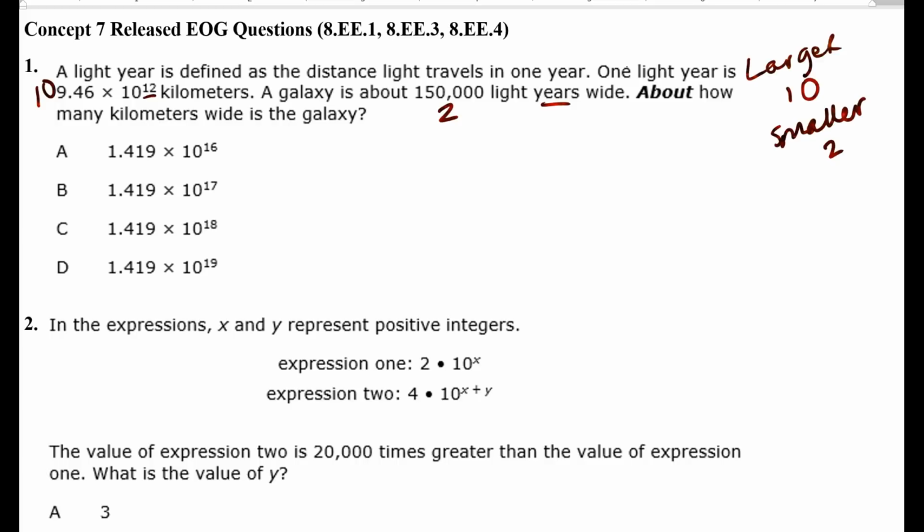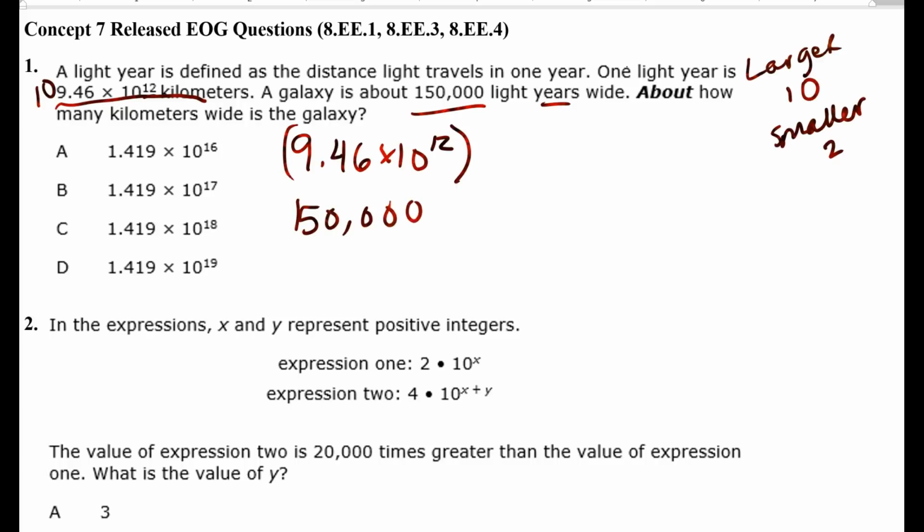But we must use the scientific notation. So your quiz is going to have a whole bunch of these problems, y'all. It's going to have one number in scientific notation and one number that is not in scientific notation, and you need to make sure you put it in scientific notation. So I know I'm multiplying 9.46 times 10 to the 12th, and I need to turn 150,000 into scientific notation.